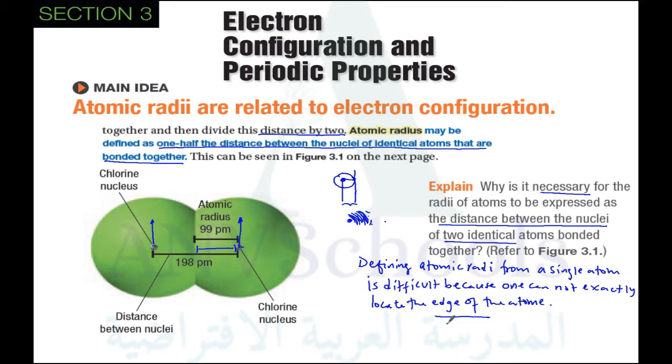Because electrons are a cloud. They are considered as a cloud of electrons. So we cannot exactly locate it. So this is why we consider it this way.